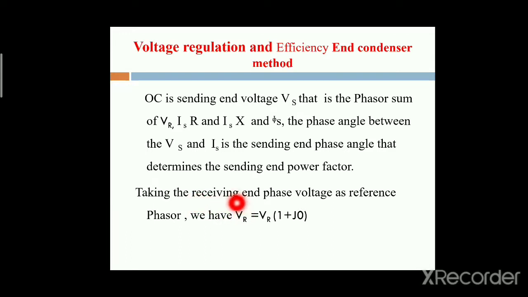We have VR equal to VR into 1 plus J0, where VR is the receiving end voltage.